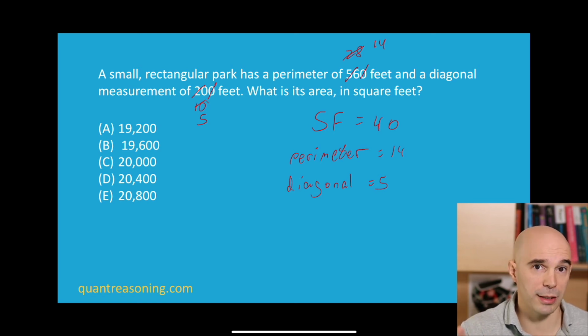Now, just because the hypotenuse is 5 doesn't automatically mean that it's a 3, 4, 5 type triangle. I only know one side. That's not enough, using the Pythagorean theorem, to infer the other two sides.